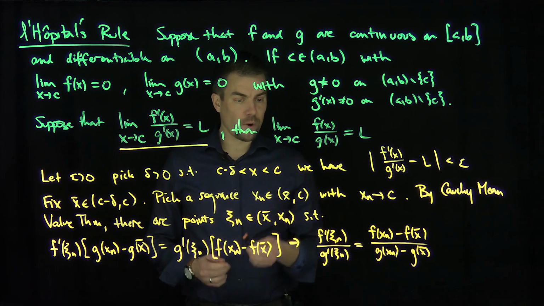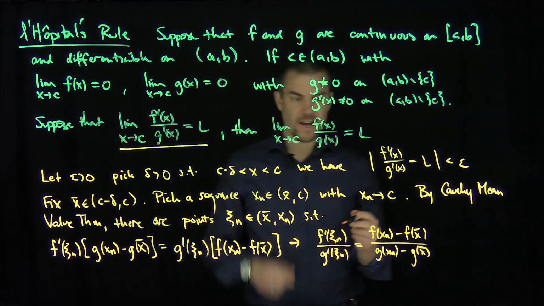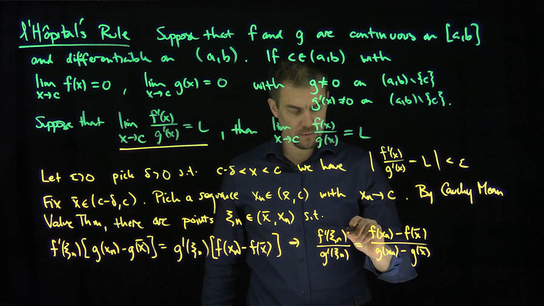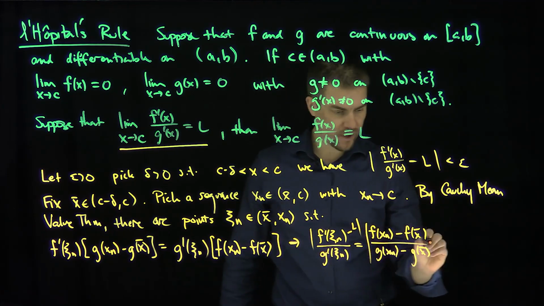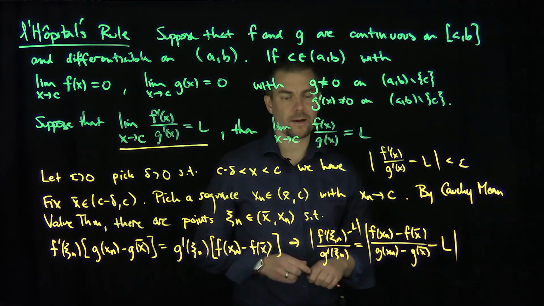And now I can subtract this L from both sides. So I'm going to subtract off an L over here, and I can subtract off the L from that side, and I'll get the exact same thing, right?